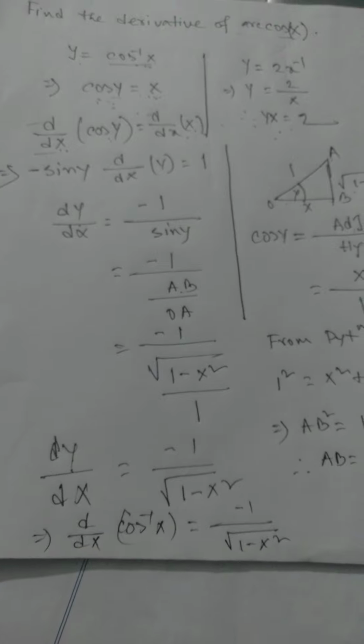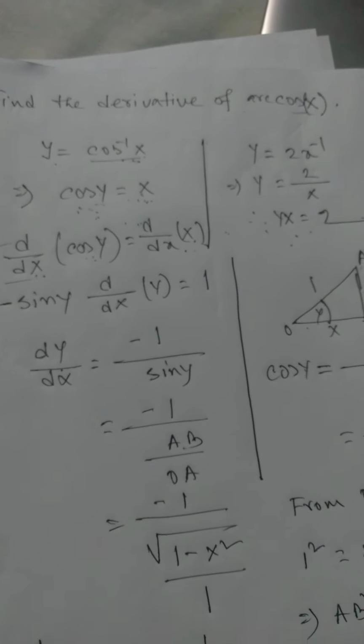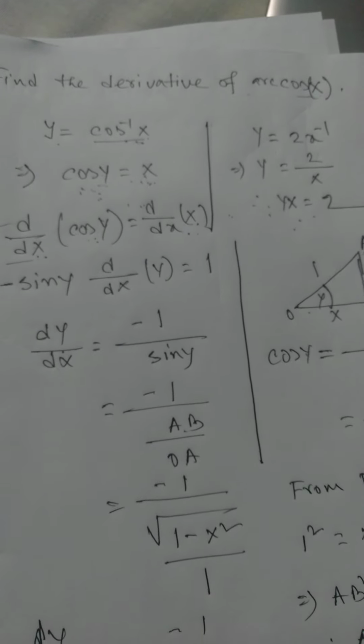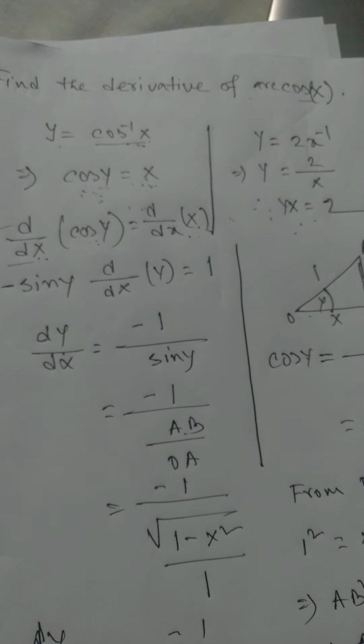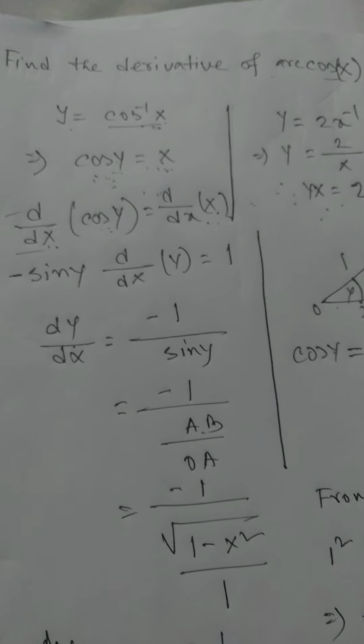This is how you find the derivative of arccos x or arcsin x, all the inverse functions. So it's quite easy. I'll show you another one, how to find sin inverse x. Same thing.